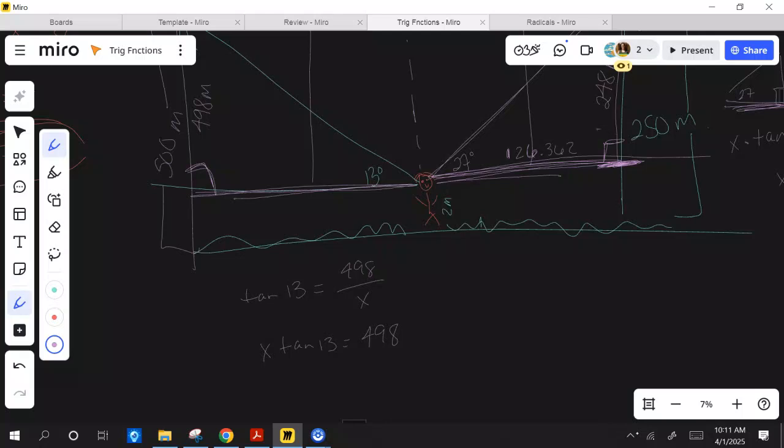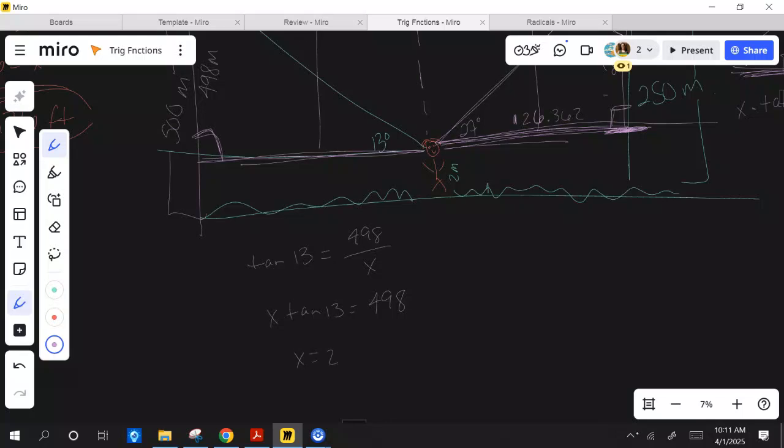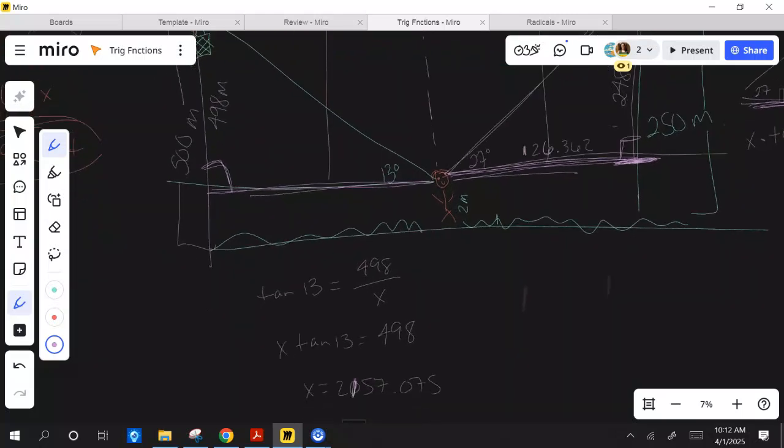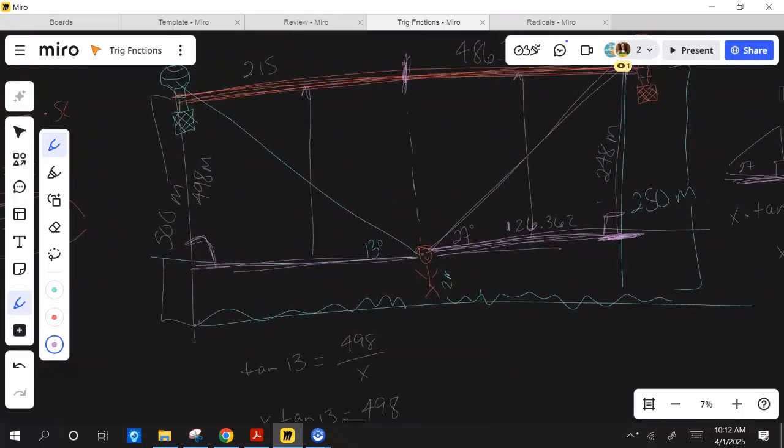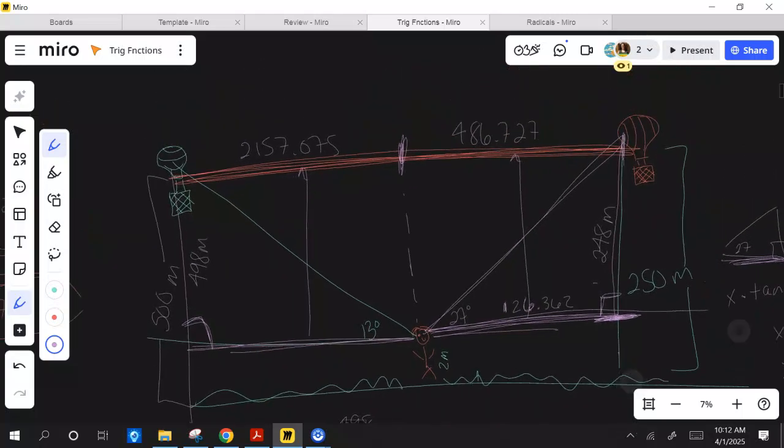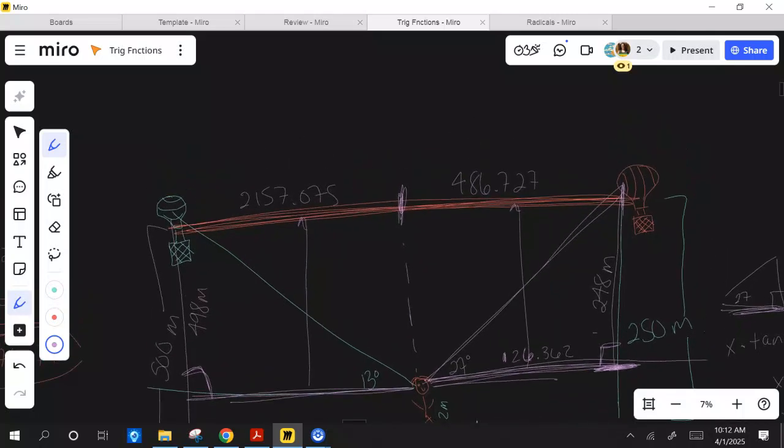What'd you get? 2157. Then we add the two together. So, how far apart are the two balloons? 2,600 meters.